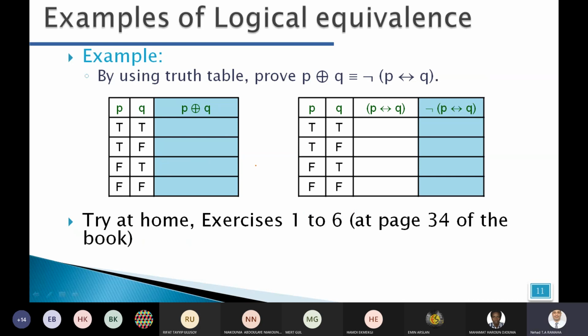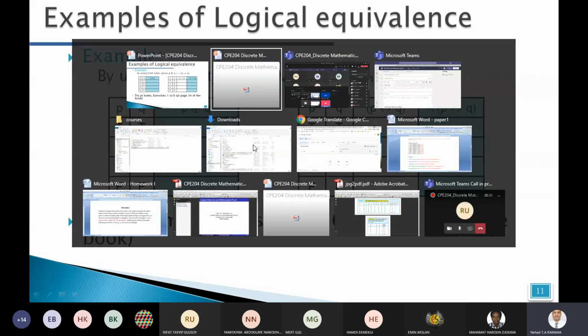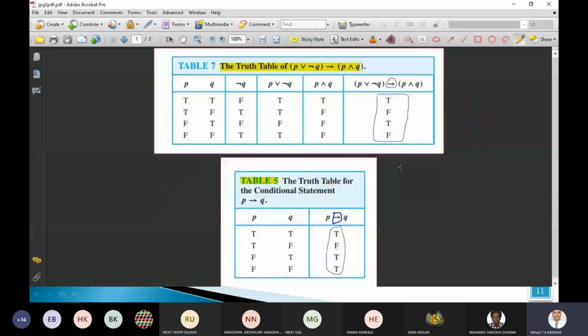We take another example here. One student sent me this question by email. He asked about this truth table, and he mentioned that he did not understand it.